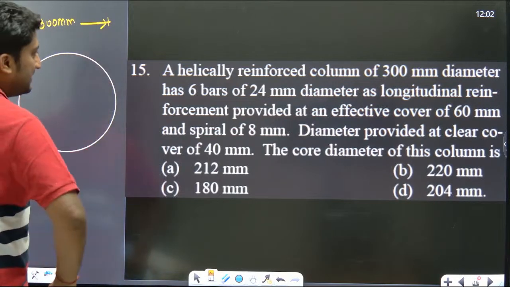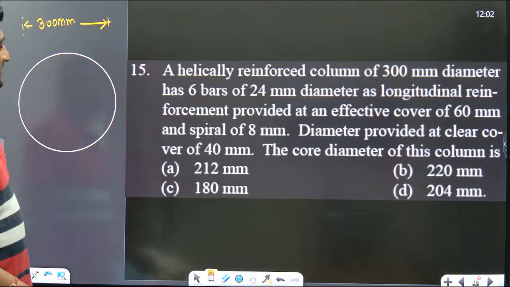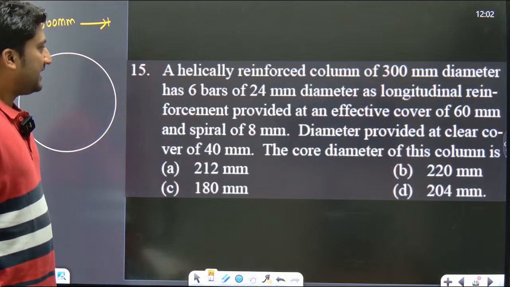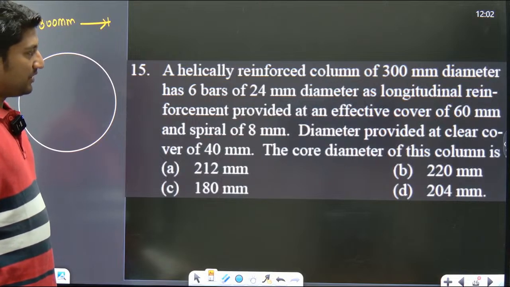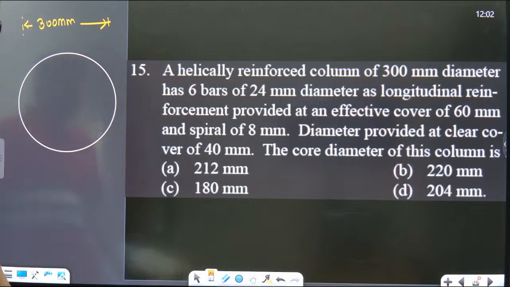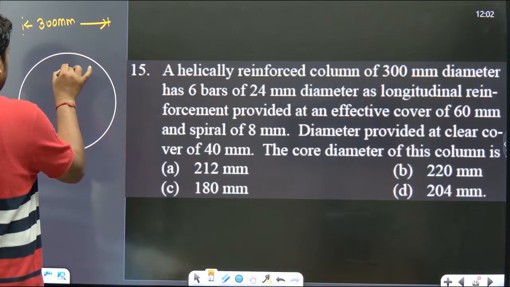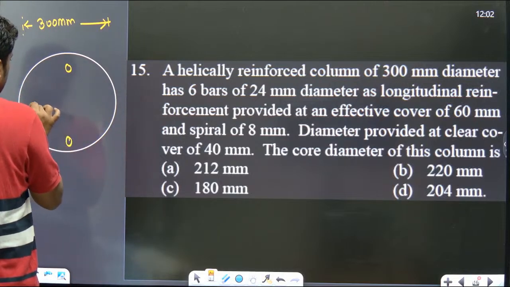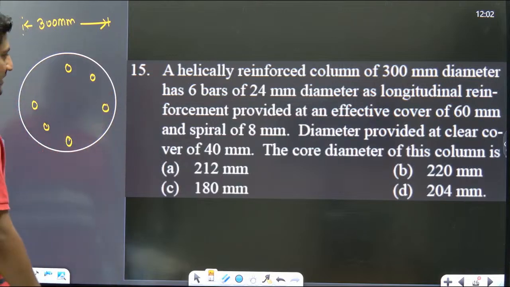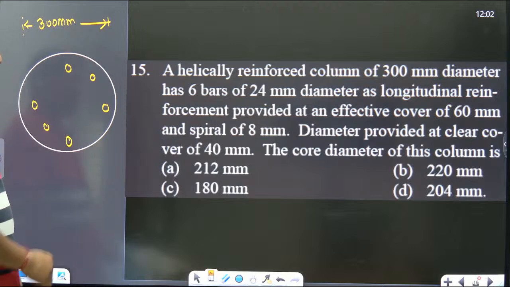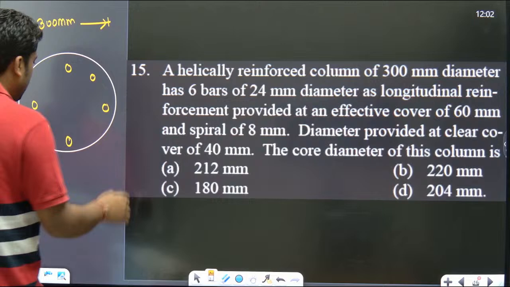It has 6 bars of 24 mm diameter as longitudinal reinforcement, an effective cover of 60 mm. So 6 bars are there: 1, 2, 3, 4, 5, and 6. Spiral of 8 mm is also provided.